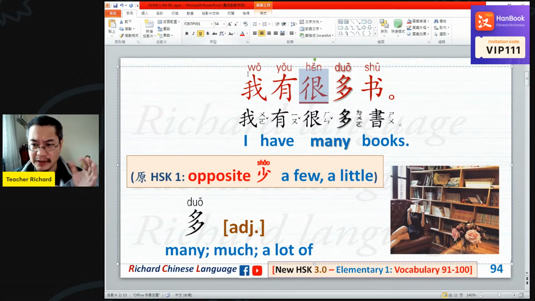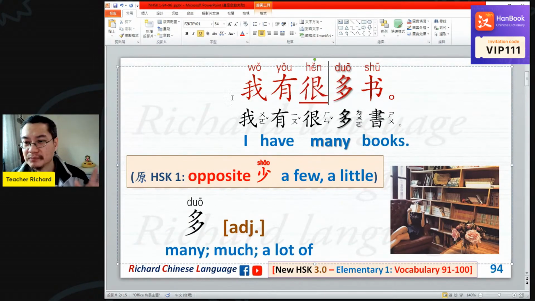So 很 is a necessary word for an adjective. So we don't say 我有多书. We don't say that in Chinese. You need a 很 to modify 多, to modify an adjective. So 很多 is the phrase we often use when you want to describe many things.